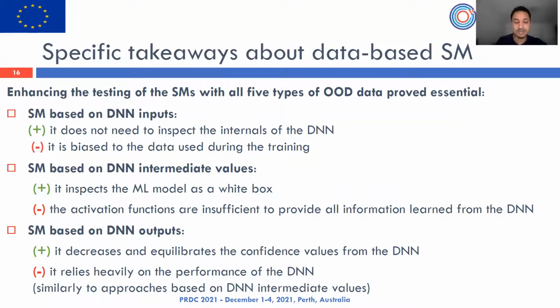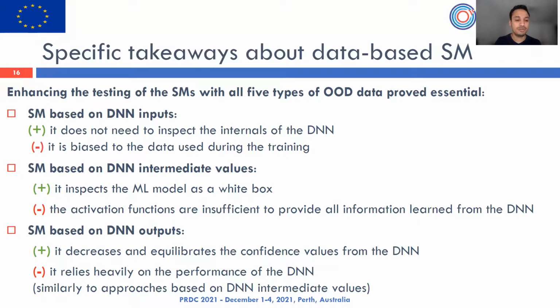But the problem is that, for example, if you use activation functions to do that, they don't provide all the information learned by the DNN, except when you can look at all the activation functions. But if you try to figure out how these activation functions are linked to each other, and figure out the nonlinear relationships between all these things, it's quite near to what the machine learning model is already doing.